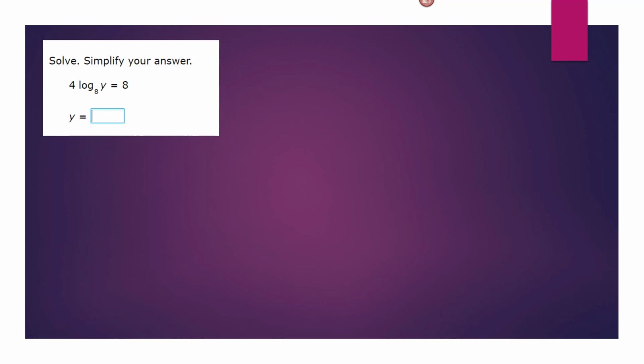All right, this one is similar to something that we did earlier. Again, I used my log properties instead of dividing both sides by 4. So if I use those log properties, this becomes log base 8 of y to the 4th is equal to 8. All right, now I have a base of 8.